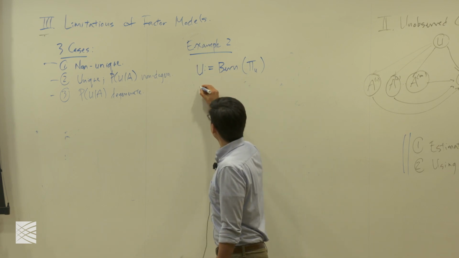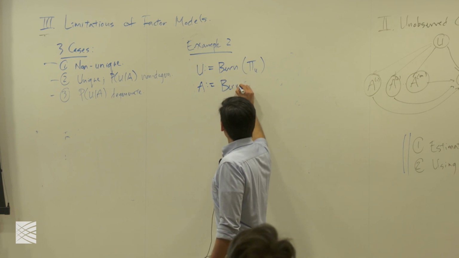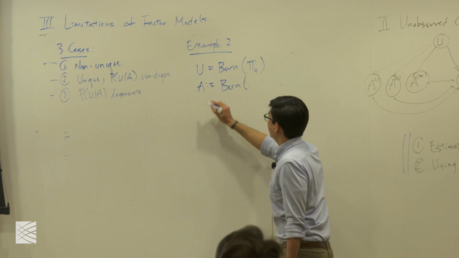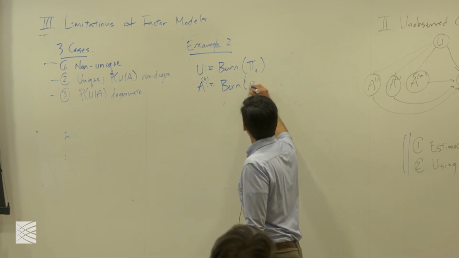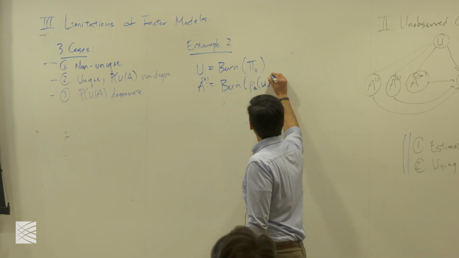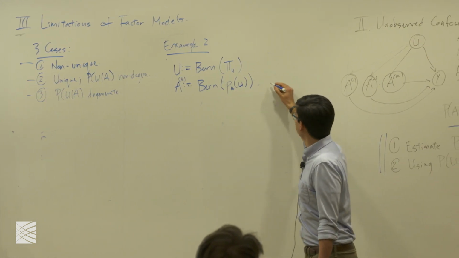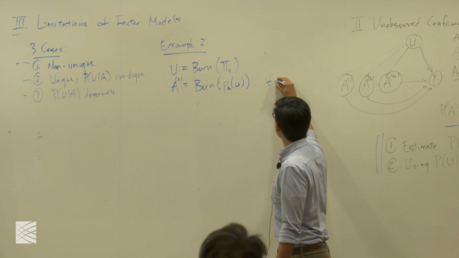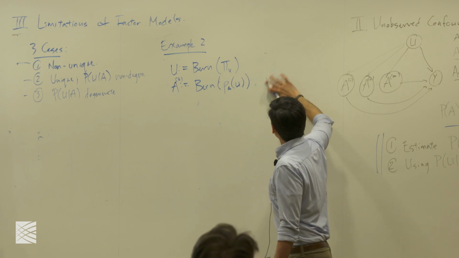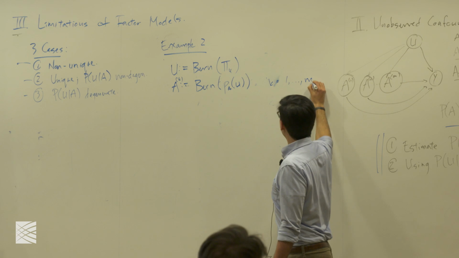So this is just a biased coin. We're going to have our causes being generated independently according to some probability p a that is a function of u. And we're going to assume that these are also identical just to make things easier. So this is for each k in 1 through n.